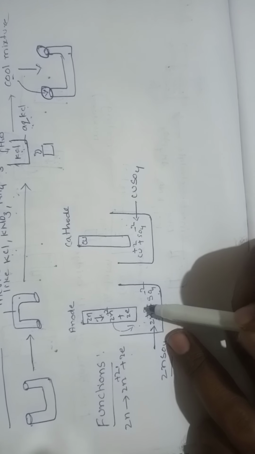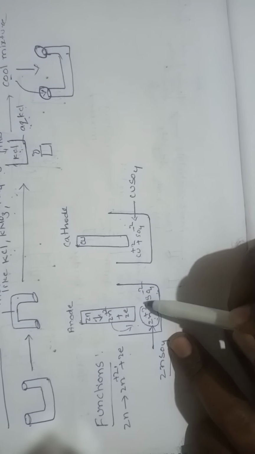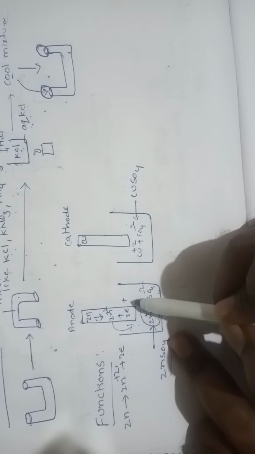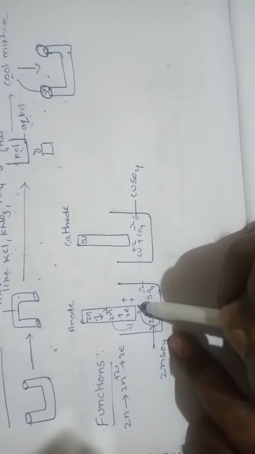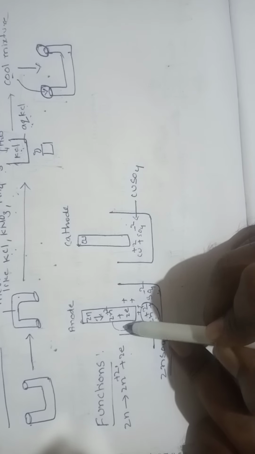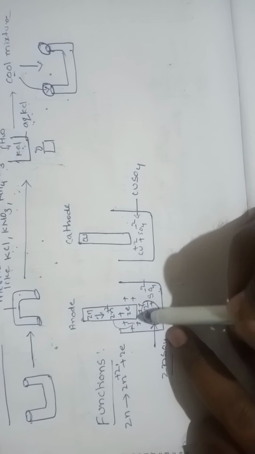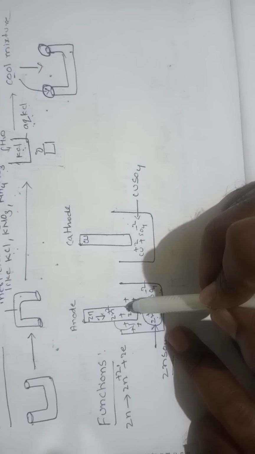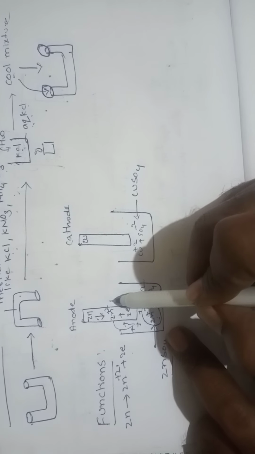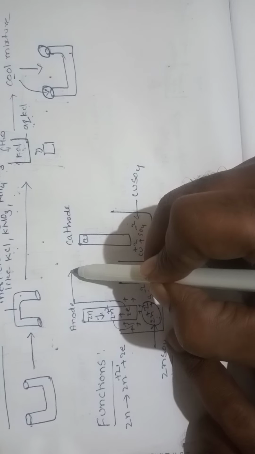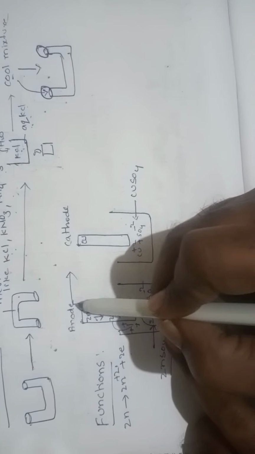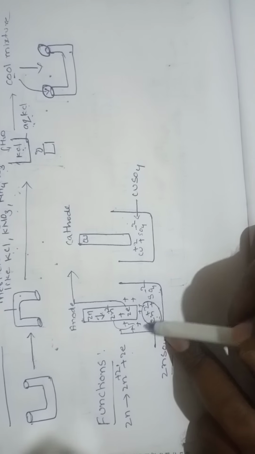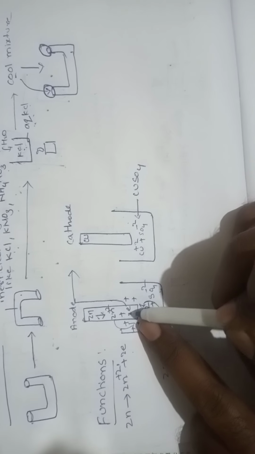Zinc ions carry positive charge, so positive charge accumulates around the anode or metal rod. This accumulation of positive charge prevents the flow of electrons from the metal rod to the cathode.